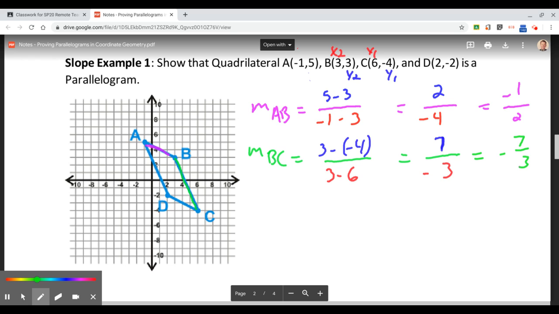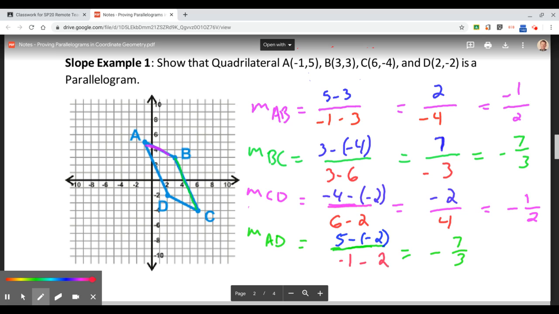Notice the little m of BC equals 3 minus negative 4 over 3 minus 6, which equals 7 over negative 3. You really can't reduce that, so it's going to be negative 7/3. Okay, I'm just going to really quickly do the next two, okay?